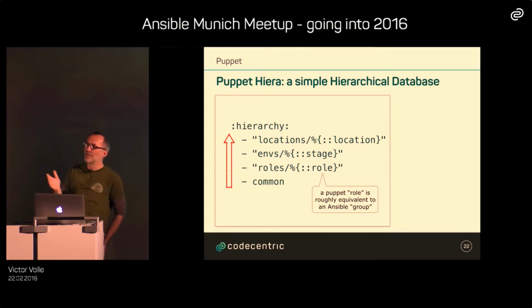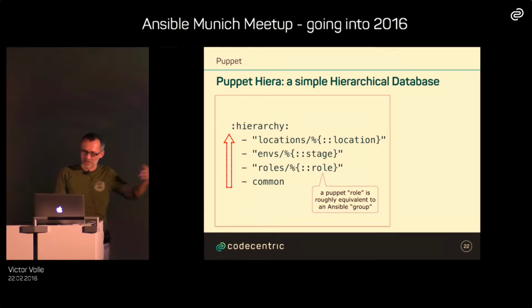Because Hiera totally fits at least my model, how I want to model my world, my configuration management database. It's so simple and it works. I just define a hierarchy. On the lowest level I have common. So Hiera looks for a file in a certain directory named common.yaml.